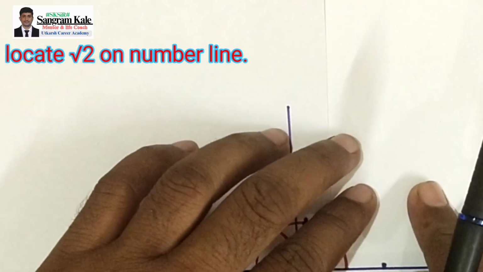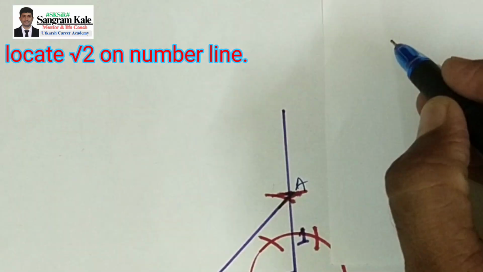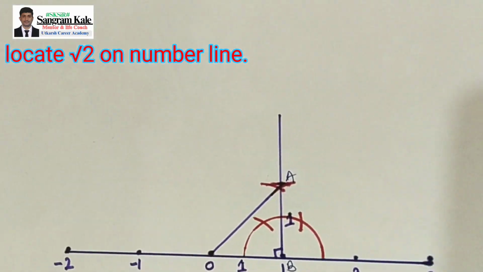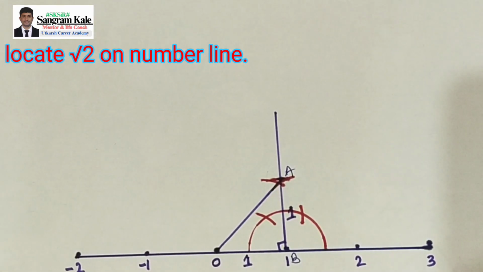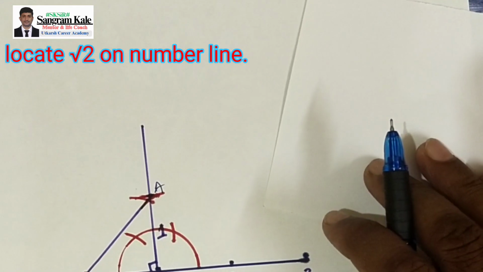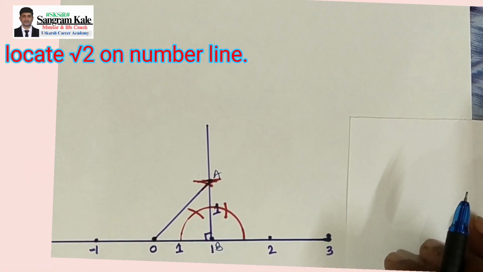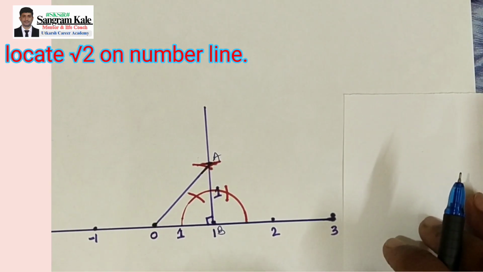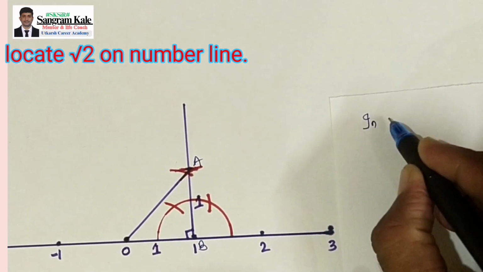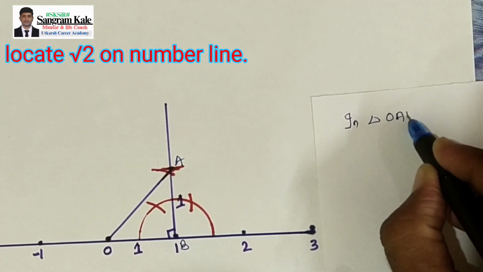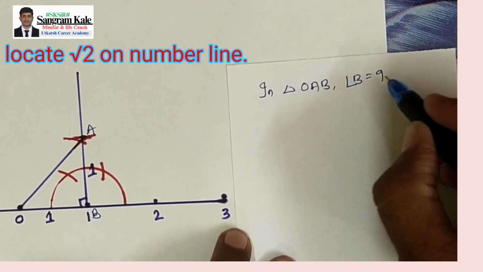Now take the triangle OBA. We need to find how much distance OA comes to. So in triangle OAB, B is equal to 90 degrees, right?